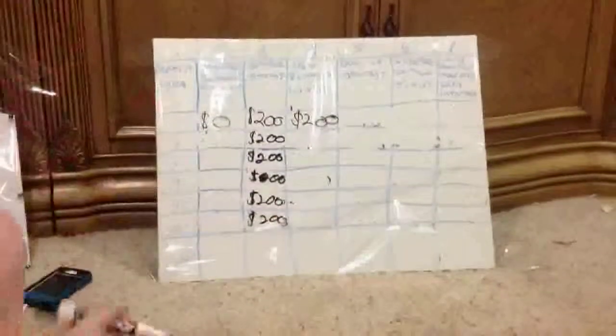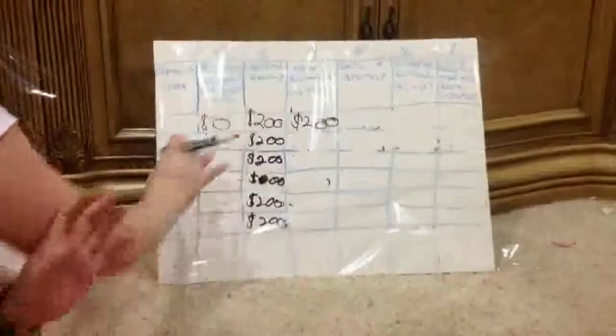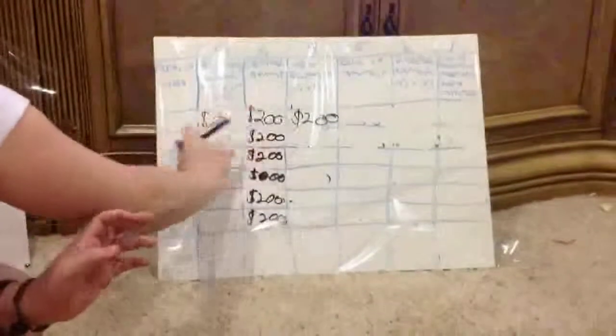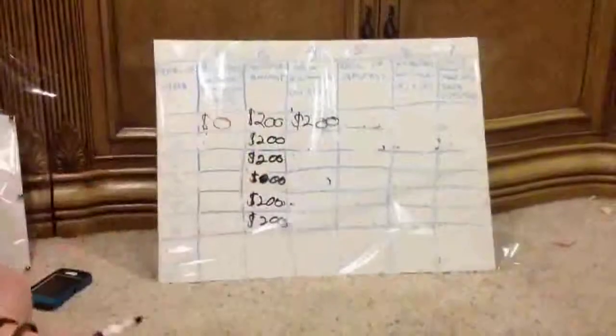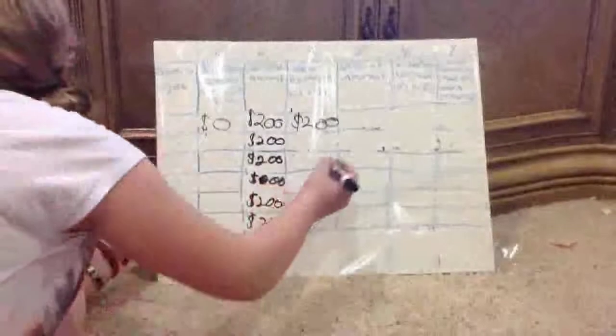So our new balance would be section 2 and section 3, or the columns. We would add them together. So 200 plus 0 is 200.